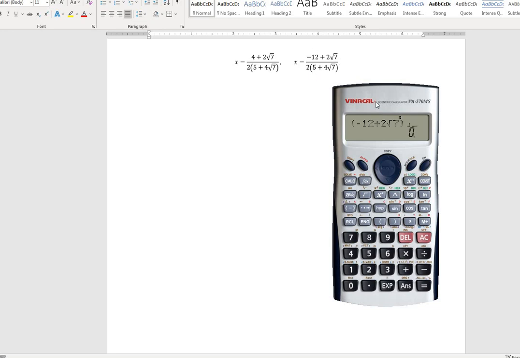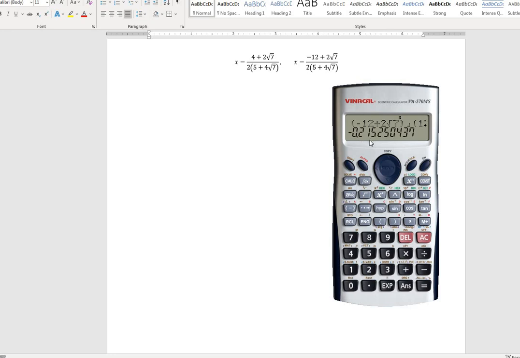So negative 12 plus 2 square root 7 over 10 plus 8 square root 7. We will get a negative value. So this x is actually equivalent to negative 0.215 something.